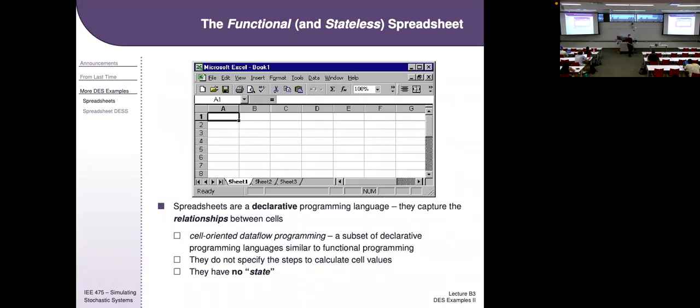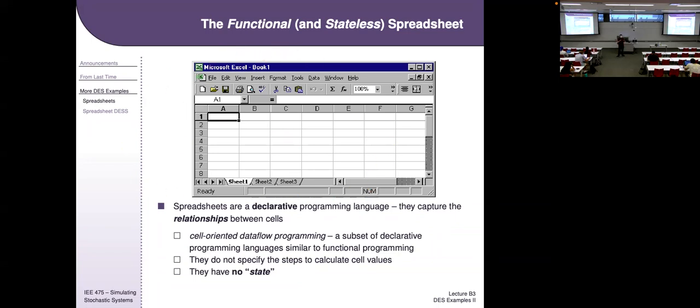If we think about spreadsheets, spreadsheets are a declarative programming language. They are an example of this, where if you were to put a number in one cell and a formula in a bunch of other cells, you actually don't know what steps the program is using to calculate those formulas. All you know is that at every instant of time, you assume that the relationship you put here is correct relative to all of the other cells.